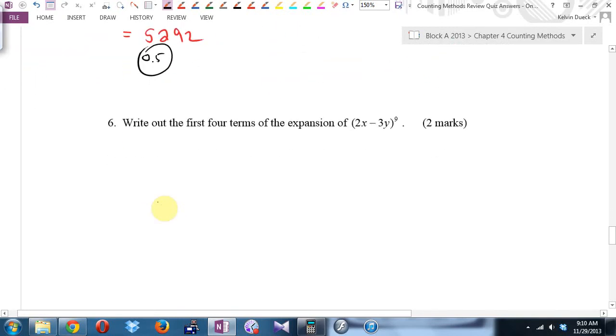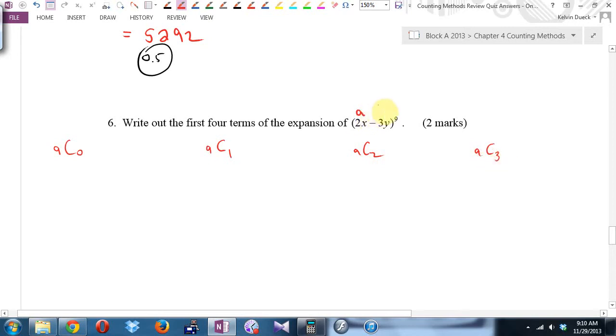Number 6. Write out the first 4 terms of this expansion here. How do I do that? What's n? It's going to start out with 9 choose 0, choose 1, choose 2, choose 3.